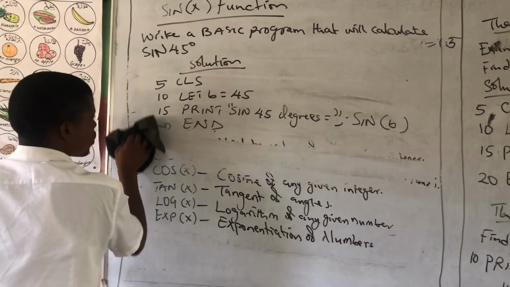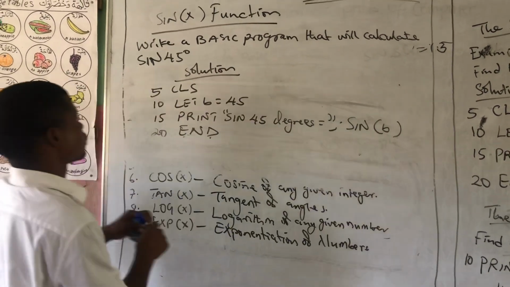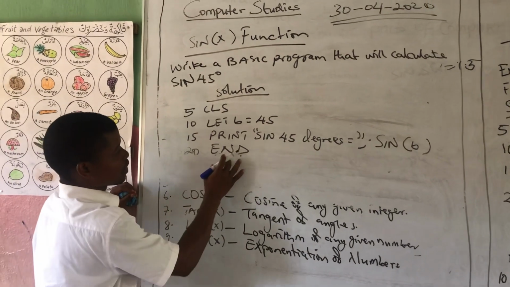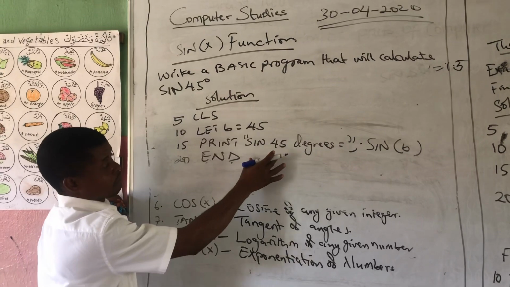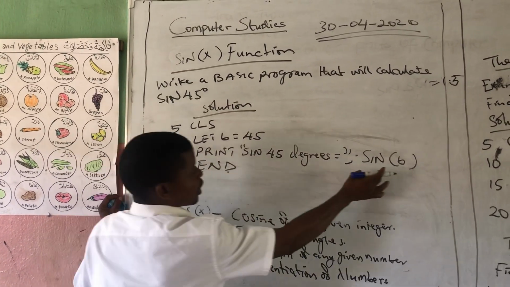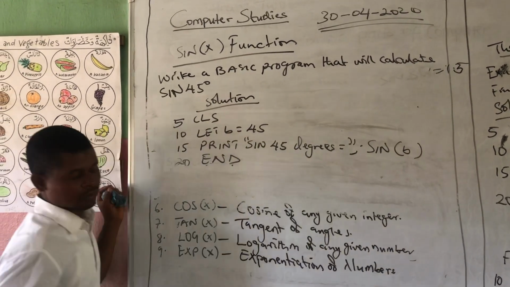So when you run this program, what is going to happen? The compiler will come to line number 15 and display this message on the computer screen. It will go and evaluate sine 45.